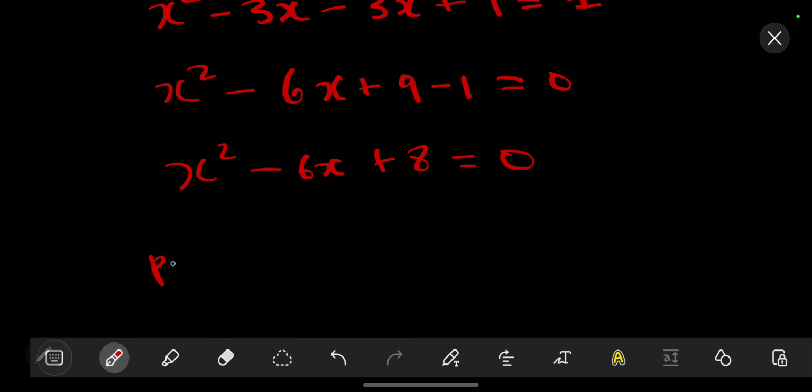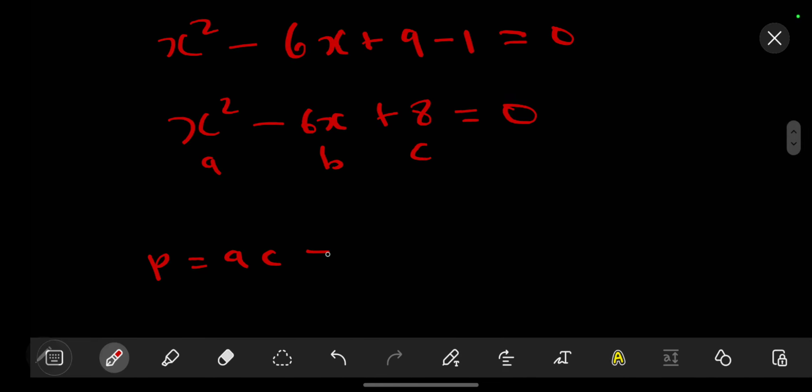So we are going to be using product, sum, and factors. A quick review: we need to find the product. Our product is equal to AC. In a quadratic equation, this is our A, this is our B, this is our C. So AC is our coefficient 1 times the C, which is 8, so it is equal to 8.